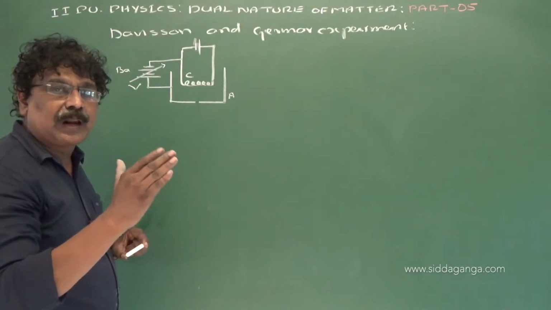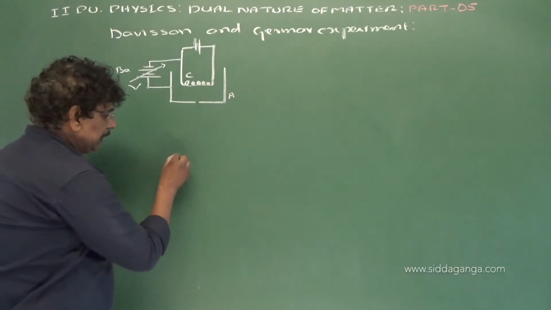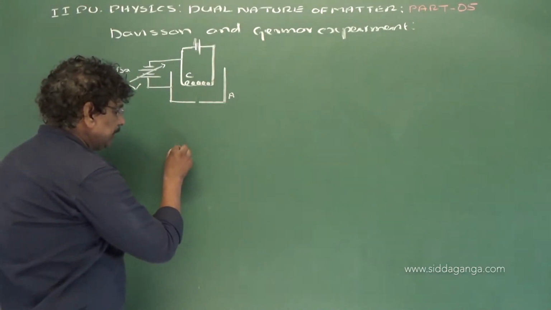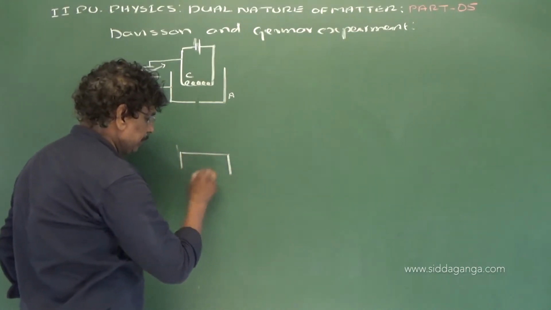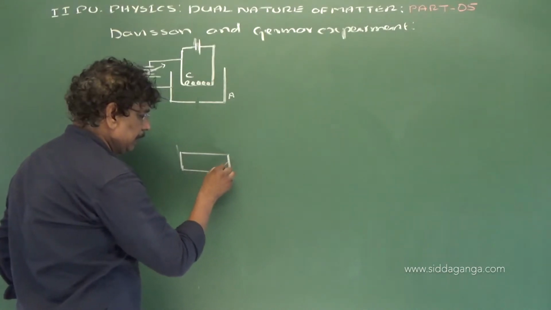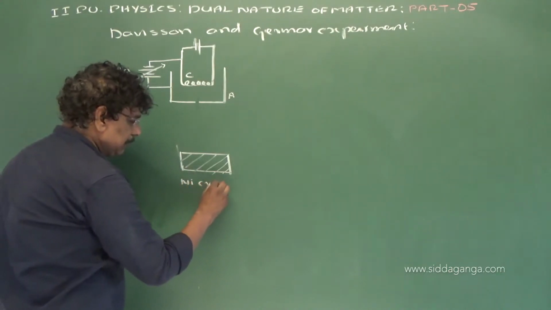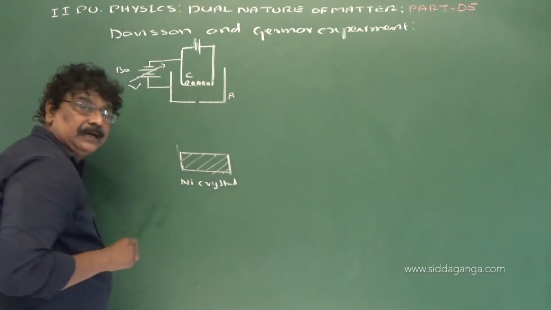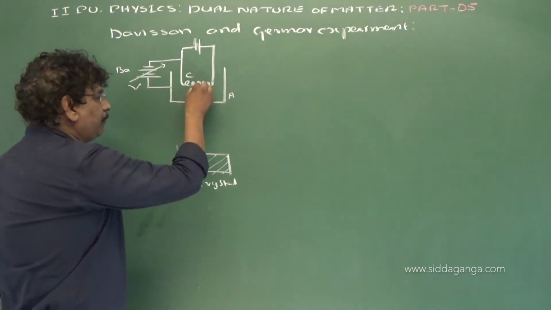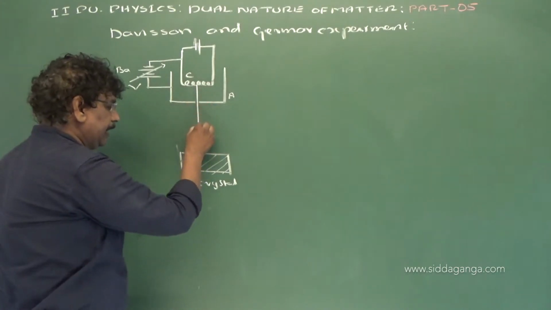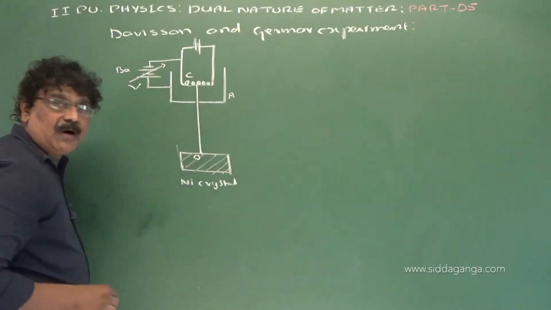Now here we have a nickel crystal. We place a nickel crystal in the path of the electron. A fine beam of electrons is incident at a point O on the crystal.